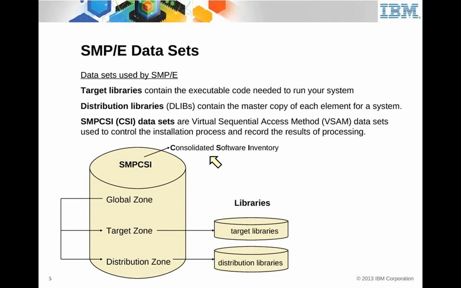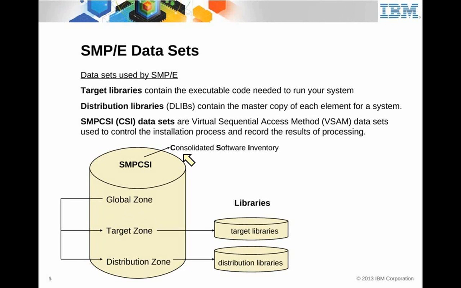So SMP works with data sets, of course. You would expect that data is involved somewhere. And some of the data sets that are involved, there's typically a data set known as the Consolidated Software Inventory. And I'm actually going to display some of those when we're done here and show you how you can typically find them on a system.